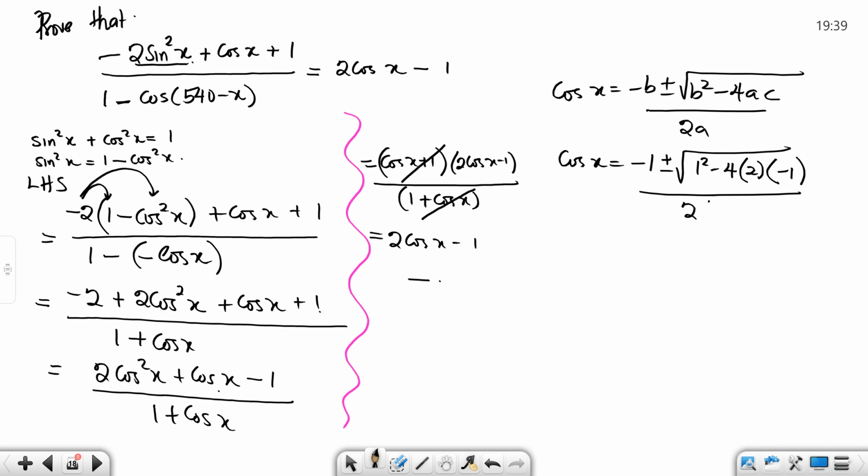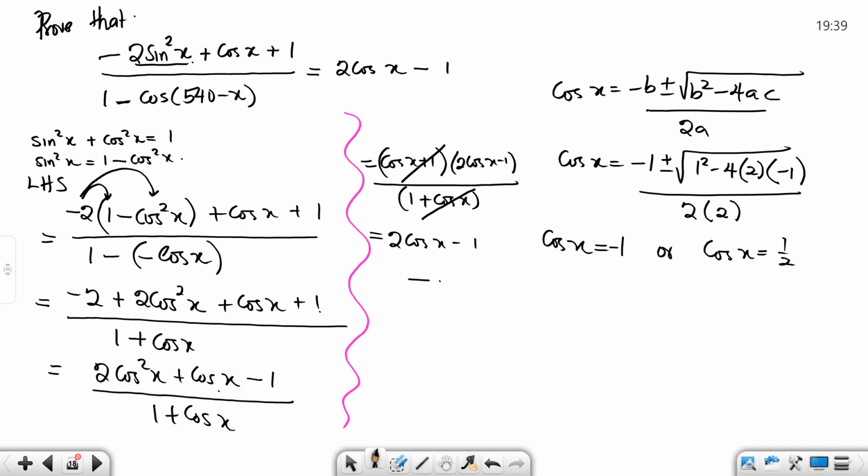Over 2 multiplied by, please quickly get me answers. Equals 1, or cos x equals what? Can we confirm? Negative 1 and or 1 over 2.